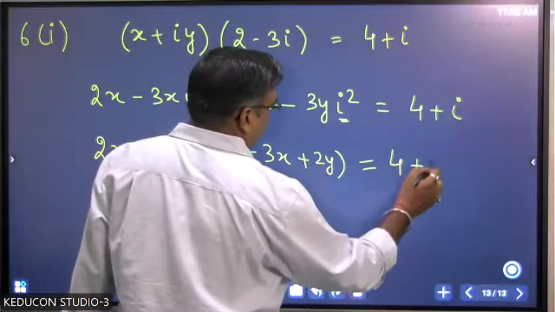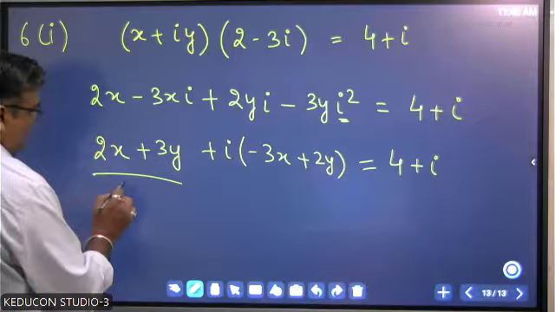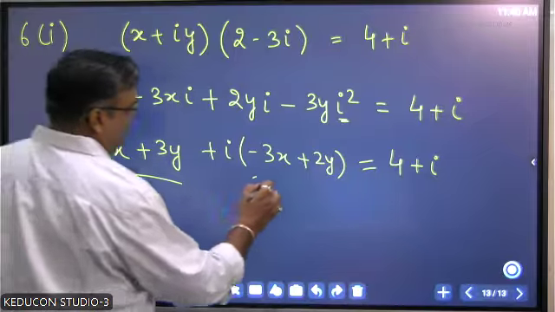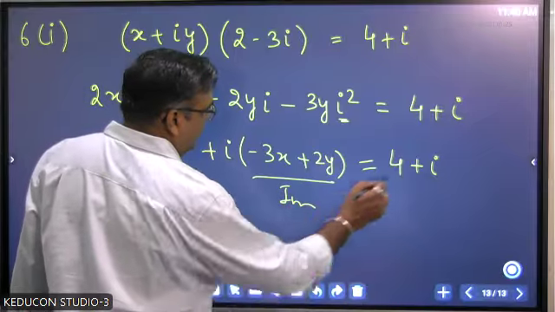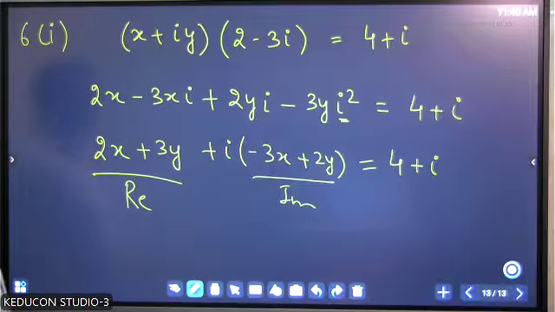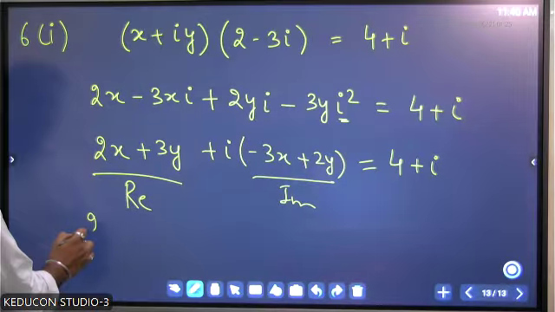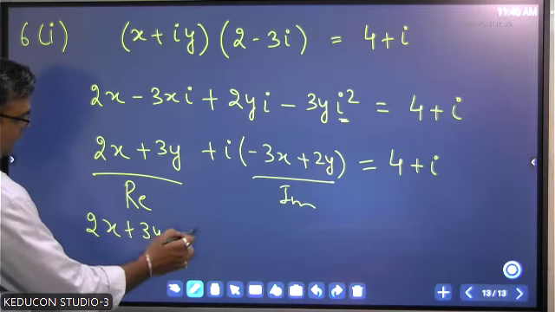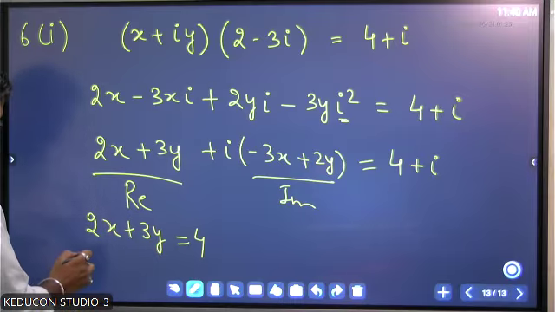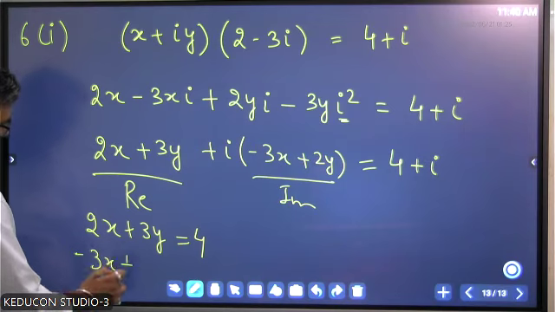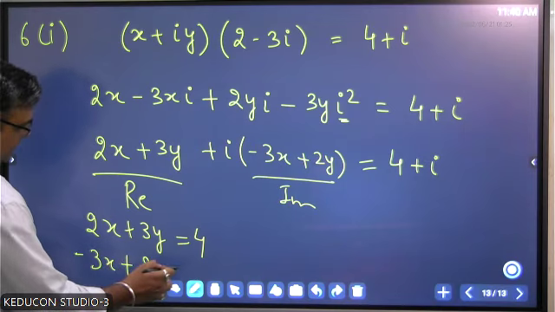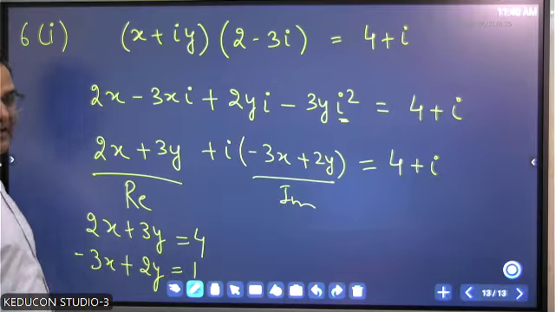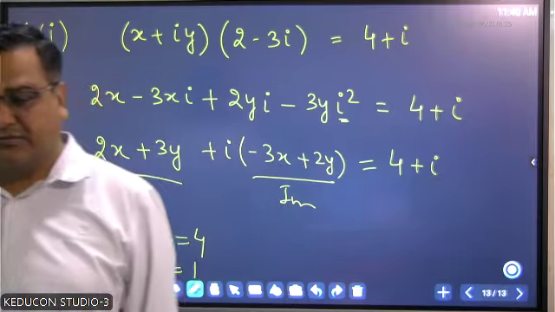So here this is the real part, this is the imaginary part; equate them. Real part will be equal to real. So we have got the equation 2x plus 3y equal to 4, and the second equation will be minus 3x plus 2y equal to 1. Have you understood this much, students?